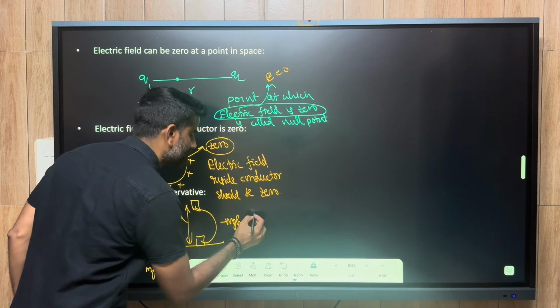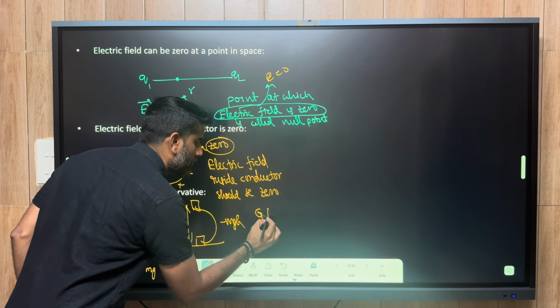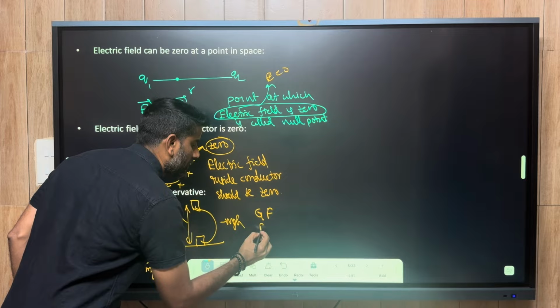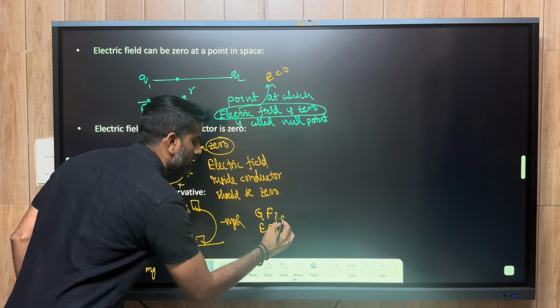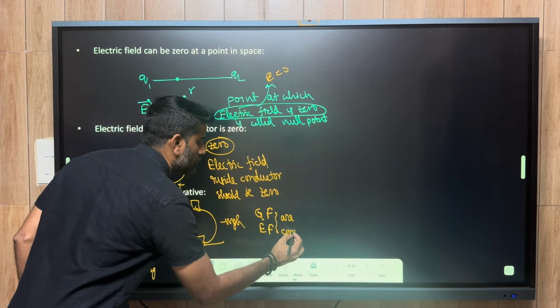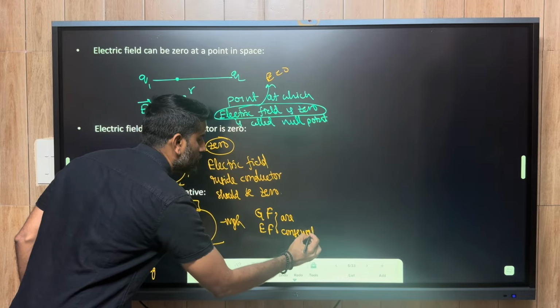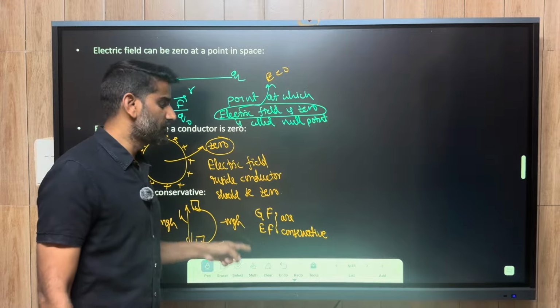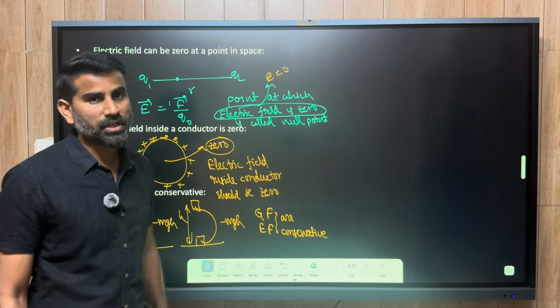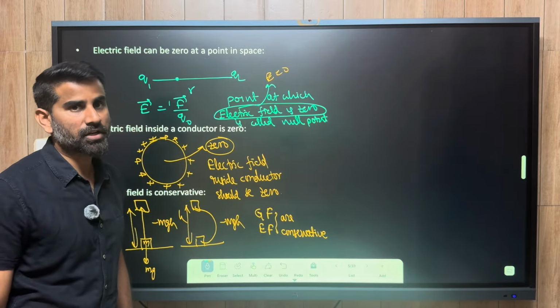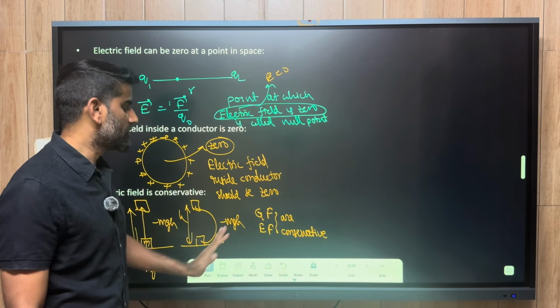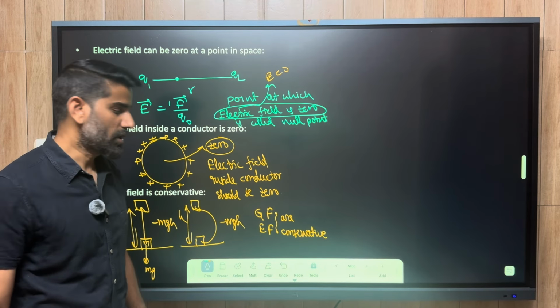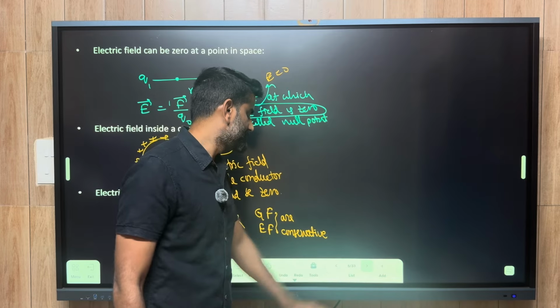Like the gravitational field, the electric field is conservative, because the work done by these fields is independent of the path followed. Hope this point is clear to you, right? Okay, let's move on to the next slide.